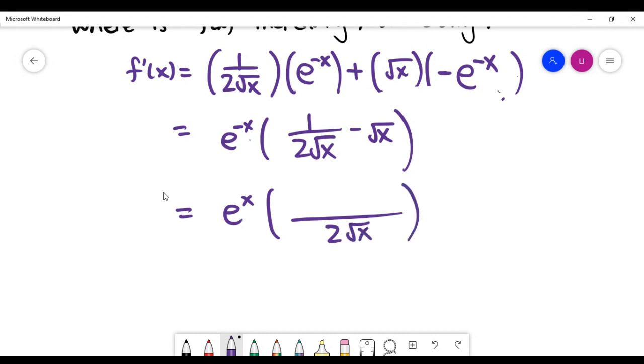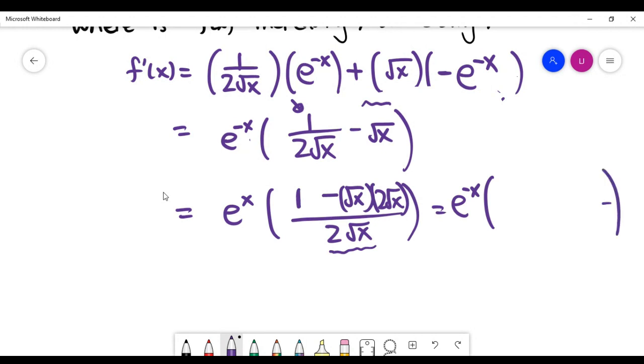If I write it this way, the first term in the numerator is still 1, because I'm just copying the 1 here. For the next term, we need to multiply the top by 2 times square root of x, because I'm expanding the denominator here. Then the item inside the bracket is going to be 1 minus 2x divided by 2 times square root of x.